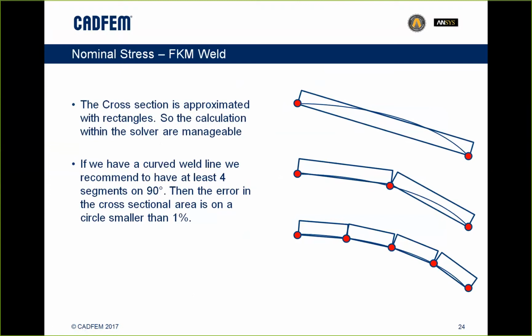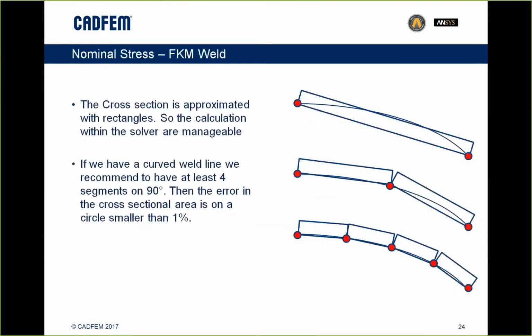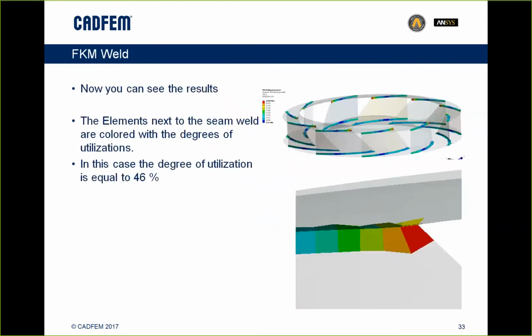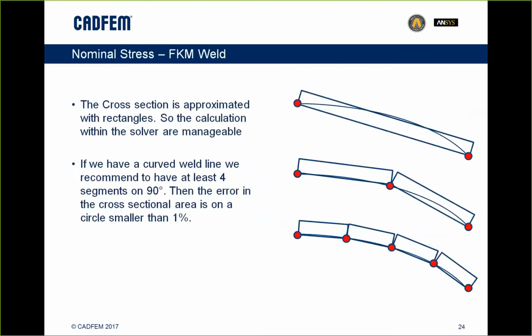The stress that comes out of that is pretty much virtual, but with these virtual stresses we can compare them to the corresponding classes, to the corresponding details, and with this comparison we can say, okay, we will have this degree of utilization.